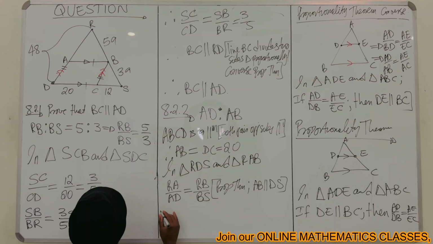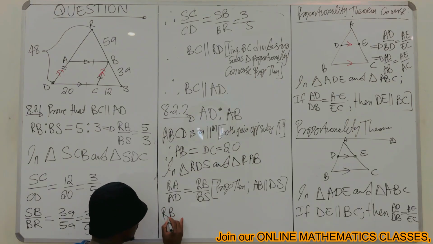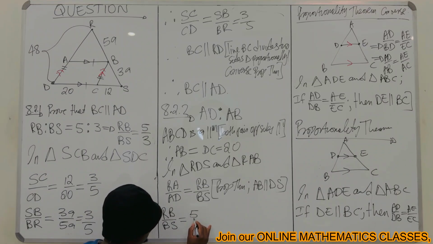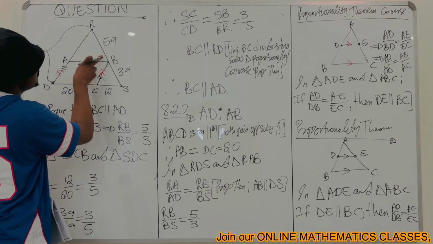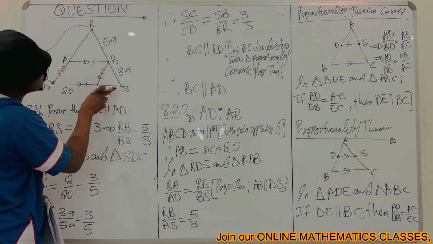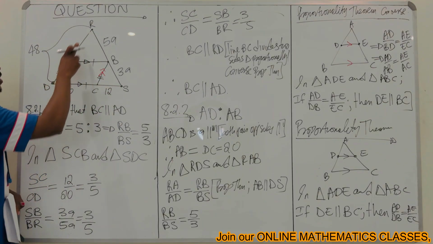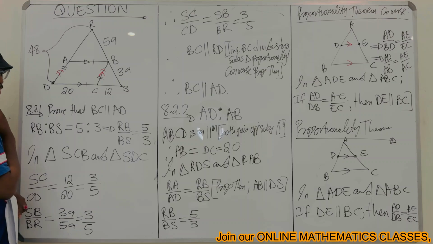So now we know that RB over BS is equal to 5 over 3. So RB over BS is equal to 5 over 3, which means this ratio as well is equal to 5 over 3. Right?